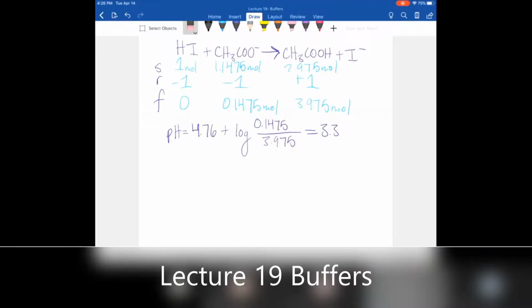Let's just do 3.3. So that's your pH. Quite a drastic change, because you almost completely used up your conjugate base.